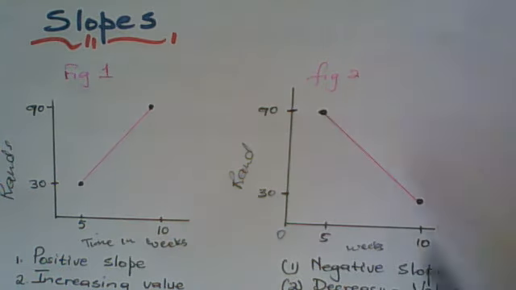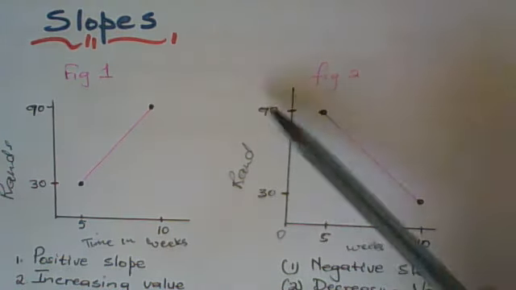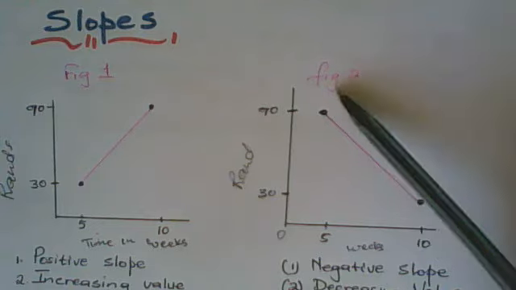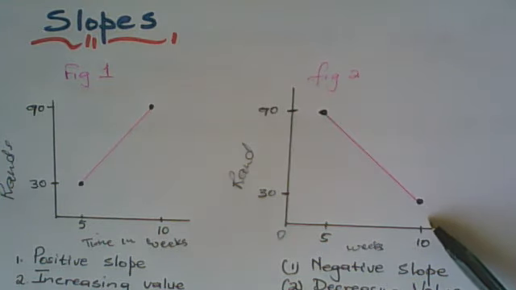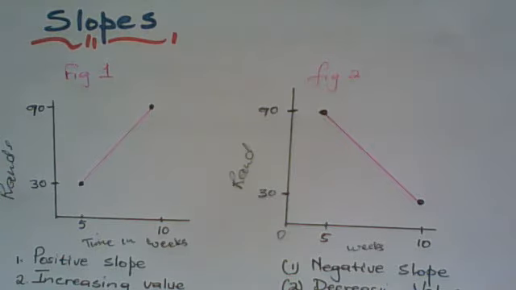A decreasing trend has a negative slope, and the value will decrease, from 90 to 30 in this case. The movement is from a high position to a lower position. That is why it is decreasing.